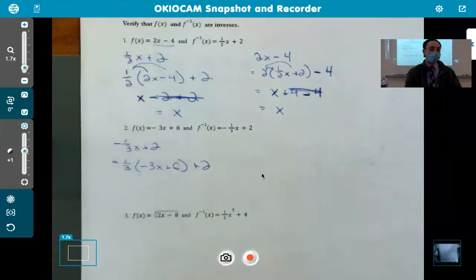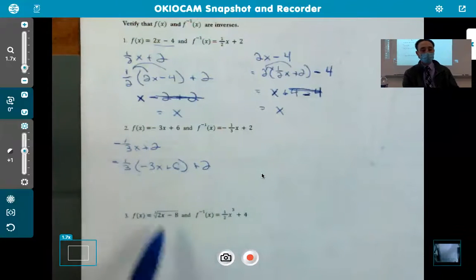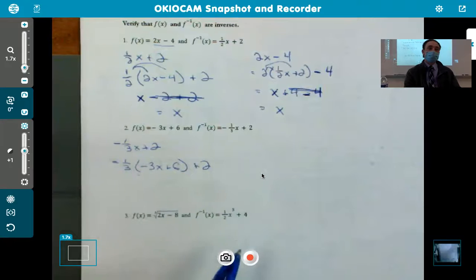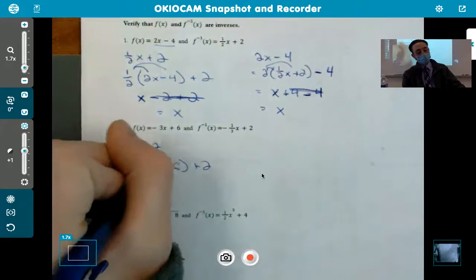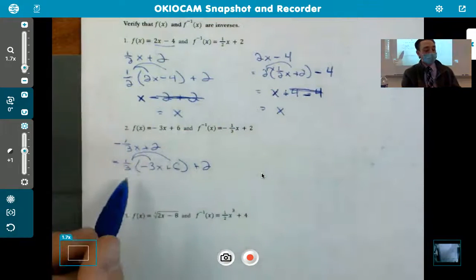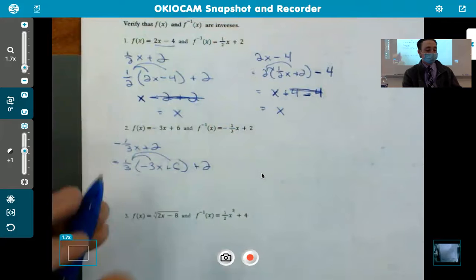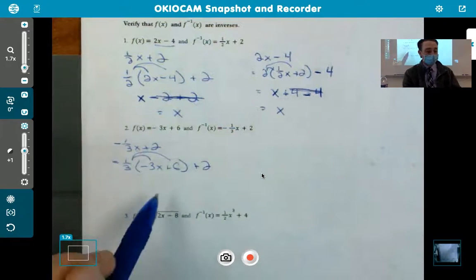What do I have to do from this step then? Multiply. By what? So what do I have to multiply? Negative 1/3. Right. And then multiply that by -3 and 6. Good. And then what's that going to give me in the end? So after I distribute, what should I get?